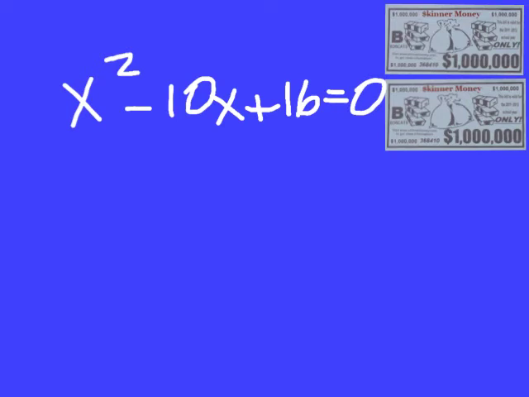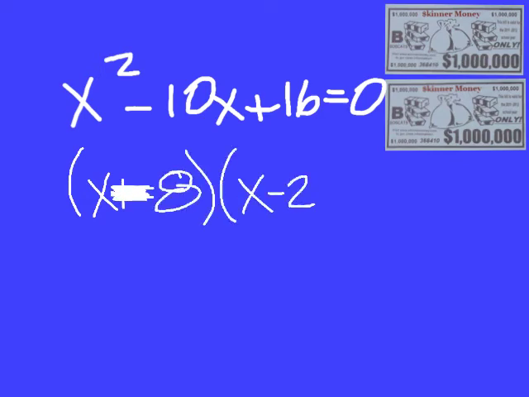Another practice. This one you need two numbers that multiply to get 16 but add to get a negative 10. So that would be x plus, or not x plus, that should be x minus, which I can't erase when the video is going, x minus 8 and x minus 2.